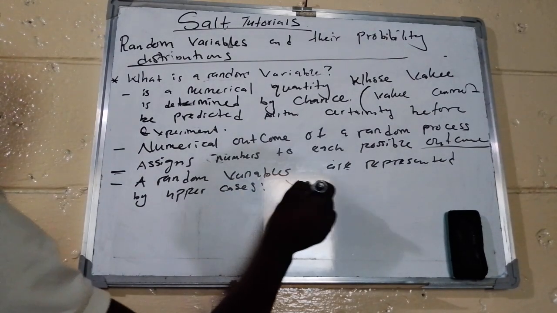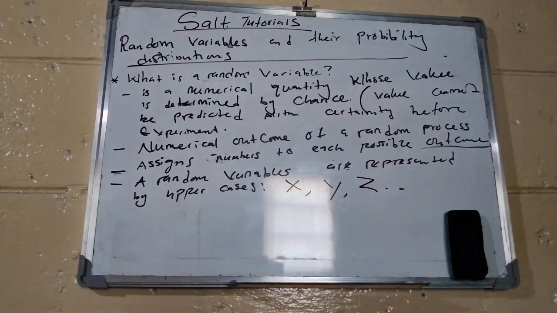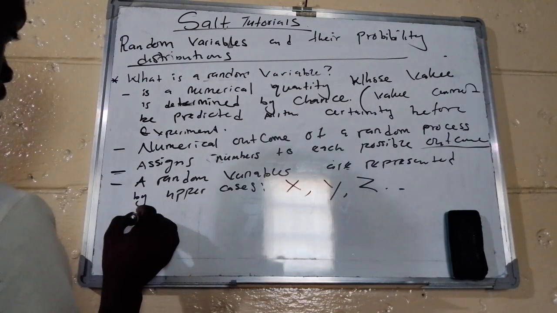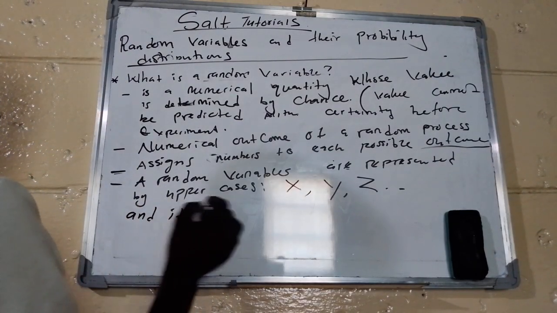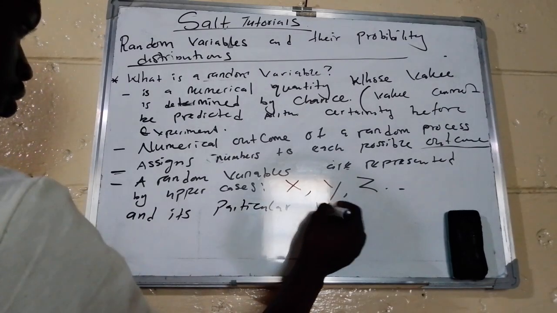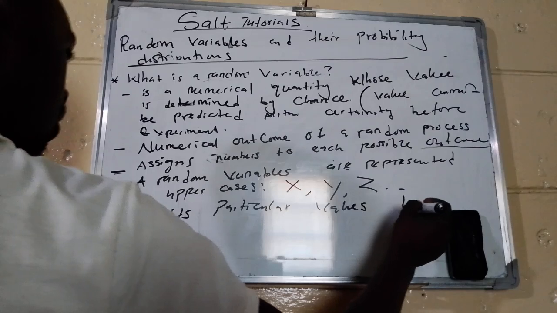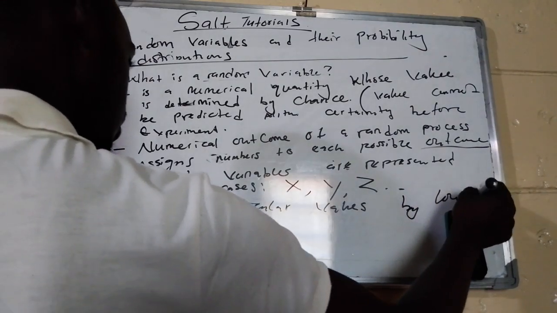We can use capital letter X, capital letter Y, capital letter Z, etc. So we represent random variables by uppercase or capital letters, and its particular values will be represented by lowercase letters.